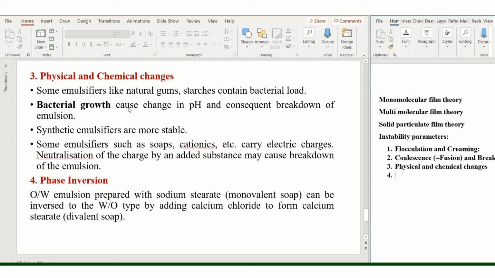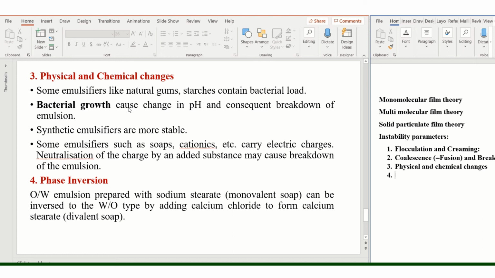But in case the chosen emulsifying agent is of natural origin, like natural gums or starches, they actually lead to bacterial growth, as they are naturally obtained. They act as a nutritional source for the bacteria. Now what happens if bacteria grow in a formulation?